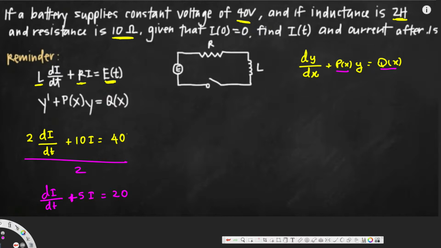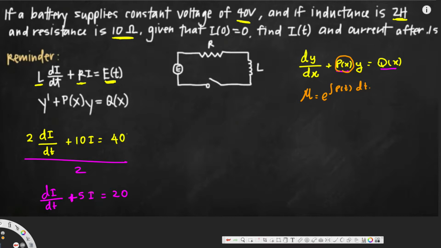Now this is in standard form, and whenever we bring this first order linear differential equation into standard form, the next thing is to find the integrating factor. To find the integrating factor, we use this formula: mu is equal to e to the power integration of p of x, in this case p of t dt. p of t is the value that multiplies the y terms.